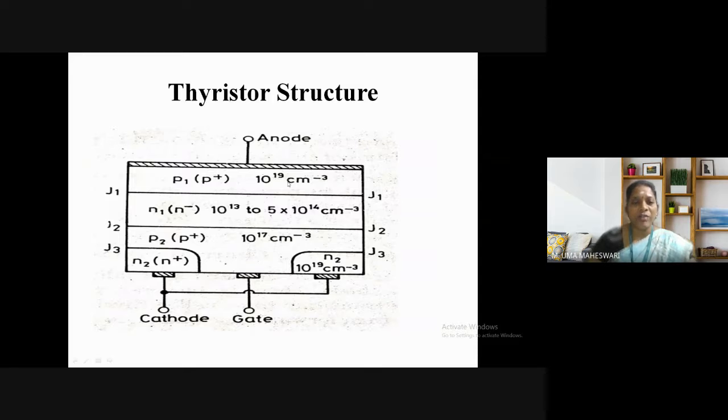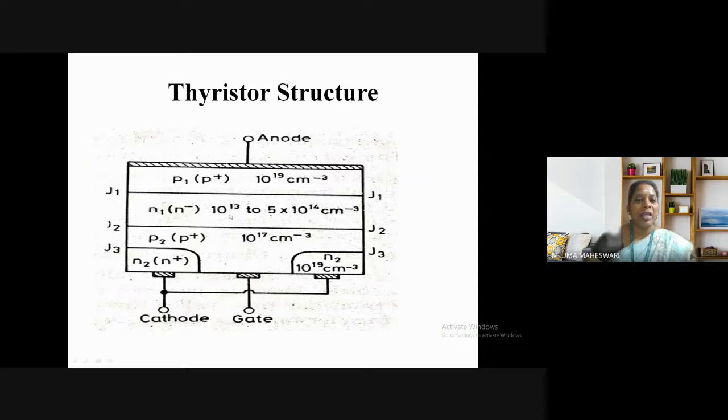Now the structure of SCR. This is the basic structure of SCR. Here you can see it is a 4-layer P-type, N-type, P-type, N-type material, whereas the doping of the layers is different. The P-type layer connected to the anode has high doping; P plus represents heavy doping, about 10^19 cm^-3. The N1 layer, N minus, is lightly doped, about 10^13 to 5x10^14 cm^-3. The next P2 layer is heavily doped, at 10^17 cm^-3.